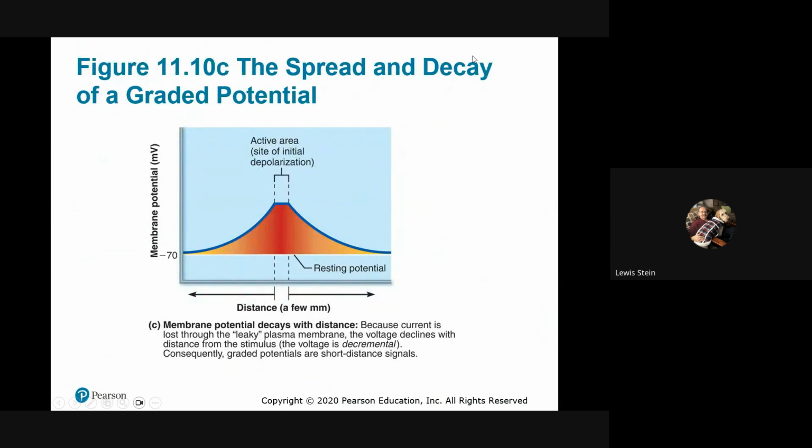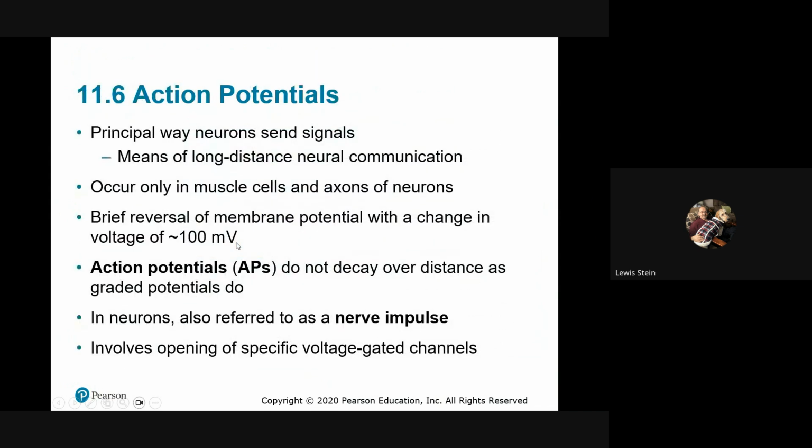So this is what happens with decay. If it's just a depolarizing signal, it'll change it from its resting potential, but not enough, and it'll dissipate. It's a short distance signal, but an action potential is the way nerves send signals long distances. We only see these in nerve and muscle cells, period. It's a startlingly dramatic increase in the potential.